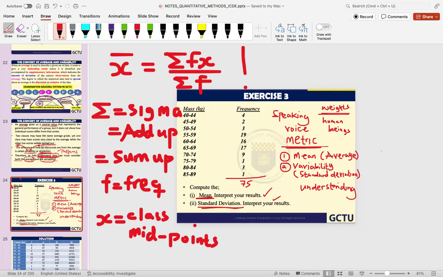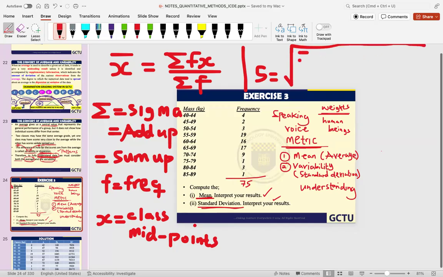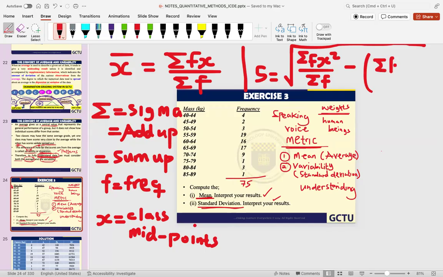And then the standard deviation, we use this formula. S is equal to the square root of the same sigma, this time fx squared divided by sigma f, minus sigma fx over sigma f, all squared.